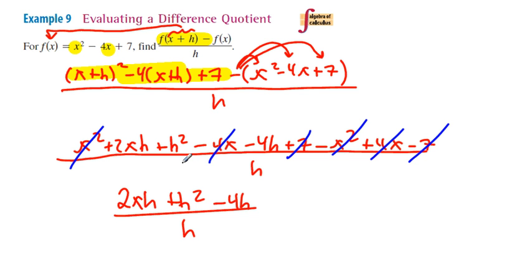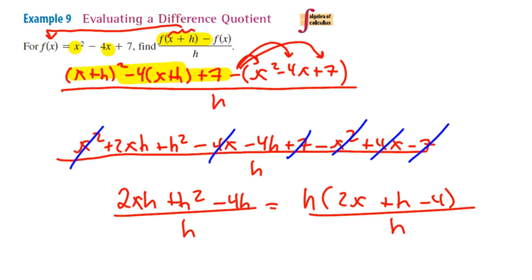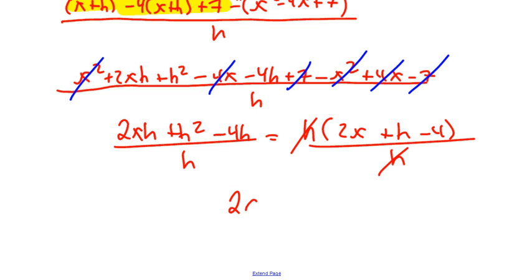Do you notice that 2xh plus h squared minus 4h, they all have an h in common in the numerator? So I could factor out an h on top, which will give me 2x plus h minus 4, all over h. And what do you know? So our final answer is 2x plus h minus 4.